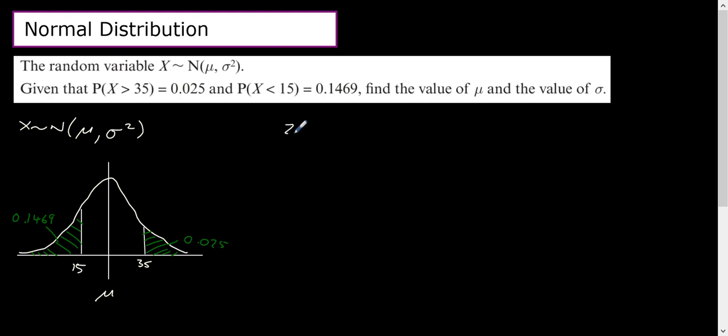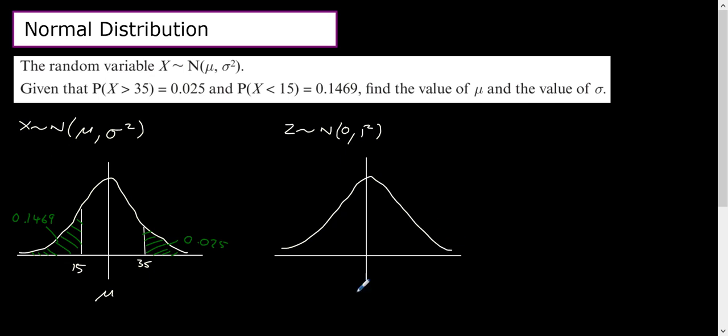So I'm going to go over here and I'm going to draw my z distribution, N(0, 1 squared). And the z distribution, remember, is standard bell curve shape, but the mean is 0, standard deviation is 1. I'll just quickly draw that in. There's my 0. I'm also going to replicate the probabilities that I drew in my original sketch.